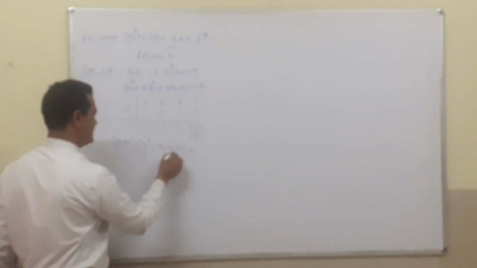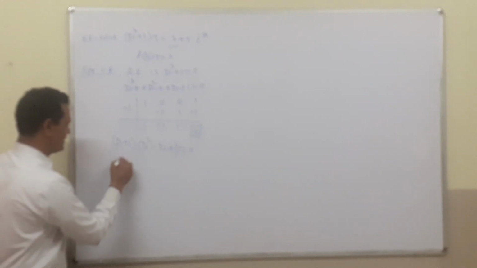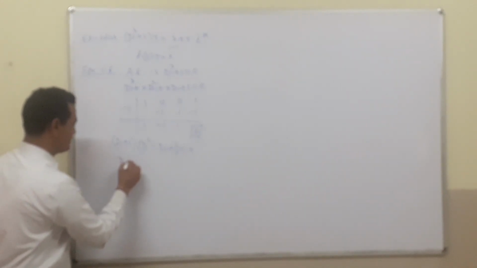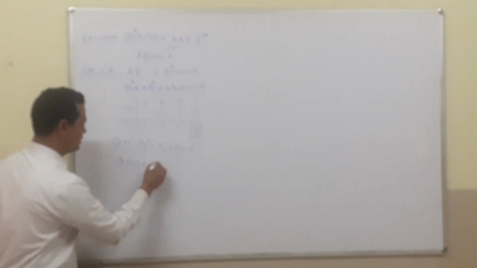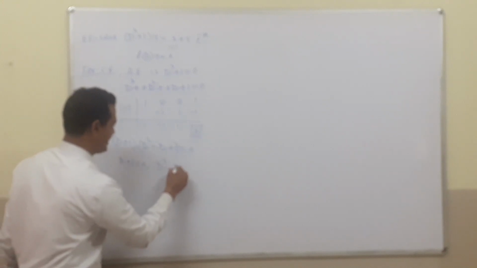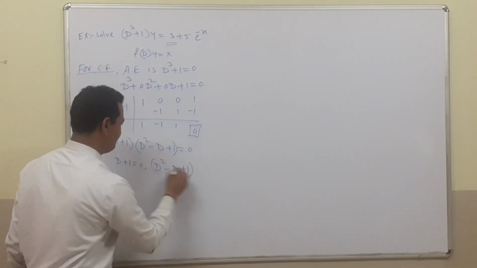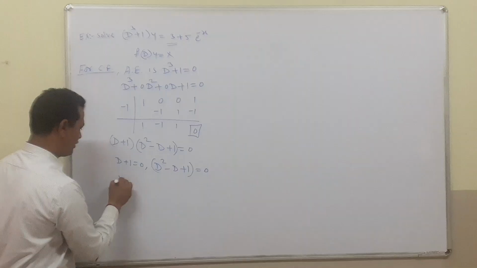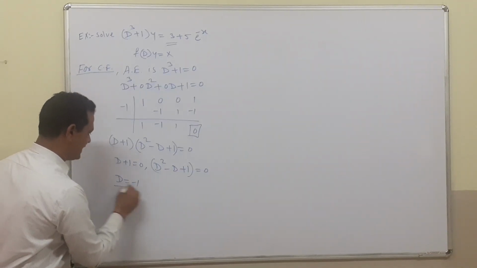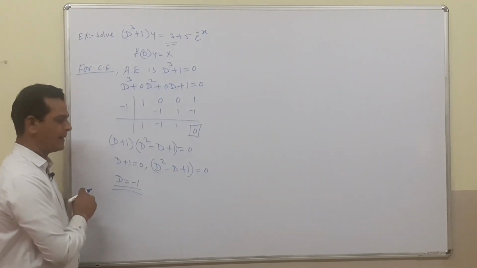So, these are the next steps. Next step is d plus 1 is equal to 0 and d square minus d plus 1 is equal to 0. So, from this first equation we directly get the value of d as minus 1.